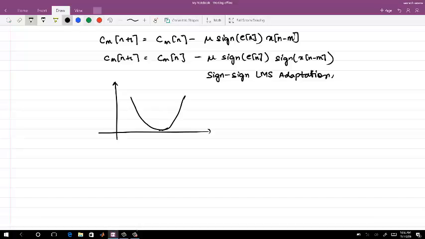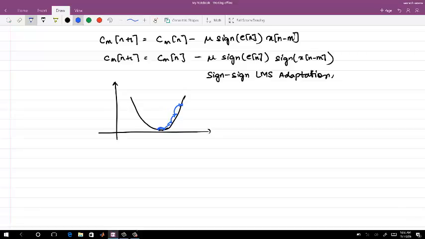You start from a higher value, and when you come very close, you may keep on fluctuating. So E of n, you are basically having a very small mean square value. It doesn't say that you are forcing E to 0. That is not at all enforced in this case. What is enforced is that the mean square, E squared, is a very small value, and the settlement is in that case.